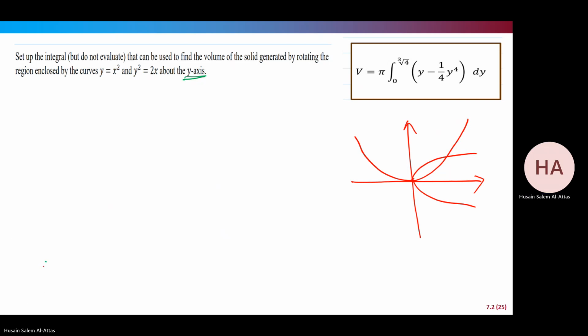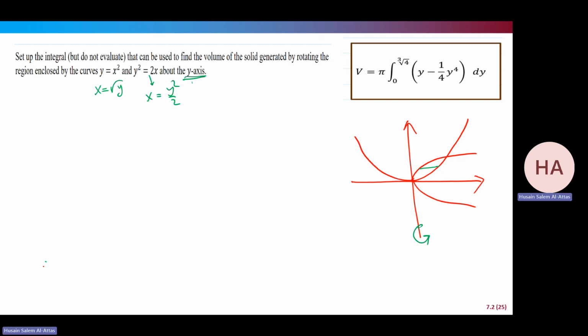About what? The y-axis. This is my axis of rotation. Be careful: I want everything in terms of y, not in terms of x. So here I have x equal square root of y, and here I have x equal y square over 2.